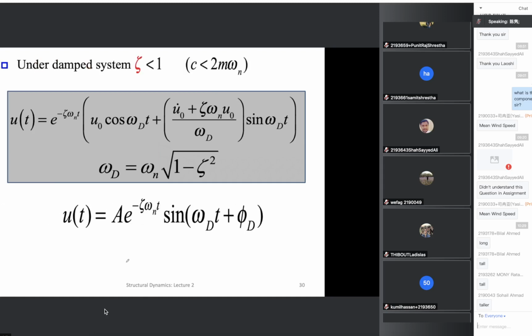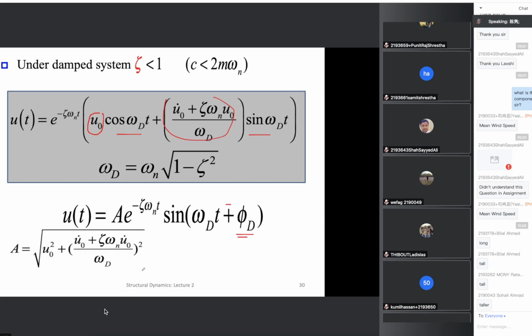Sometimes you may see it expressed in a different way. You combine this thing and this thing together, using the trigonometric rules. You can express it like A e^(-ζ omega n t) sine(omega d t plus phi d). Again, this is the angle. Sometimes it's minus, sometimes cosine. I will not repeat this again.